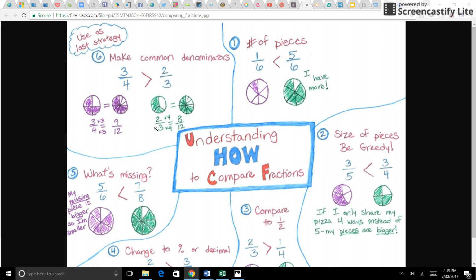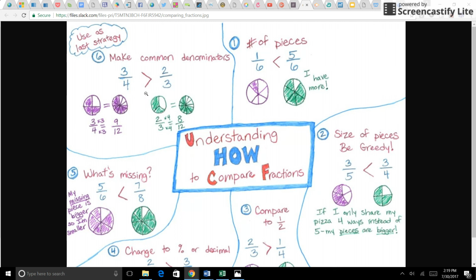Compare then 9/12 to 8/12. 9/12 is larger. This way will always work, but it does involve lots of extra math than any of the other ways that are here. And you don't always understand what the actual size and value of the fractions are when you just look at numbers and multiply them together.